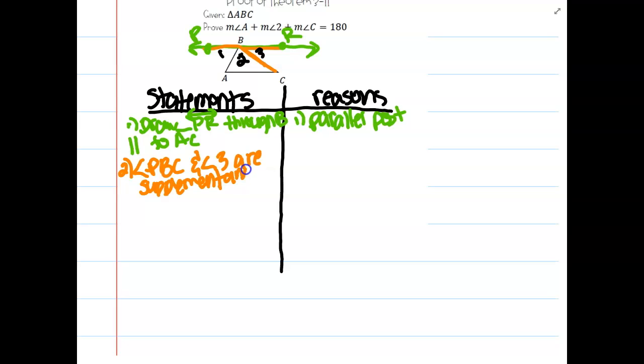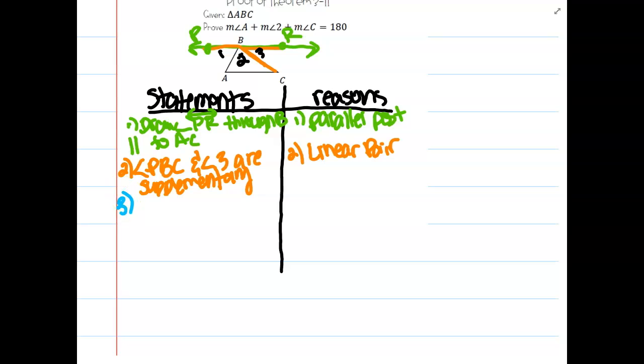Do we agree on that? Angle PBC and angle 3 are supplementary. How do I know they're supplementary? They are a linear pair.